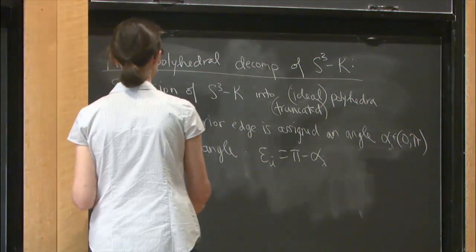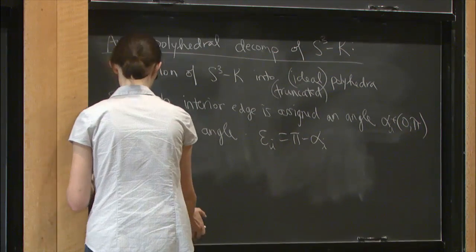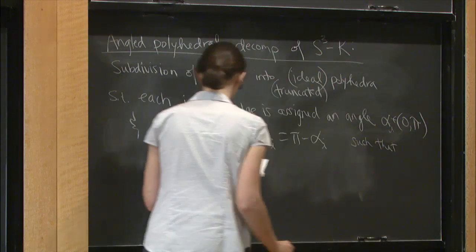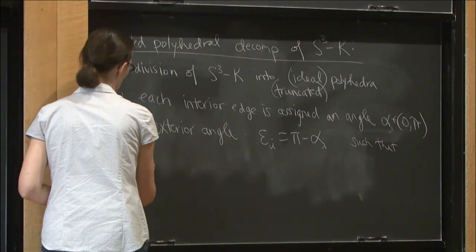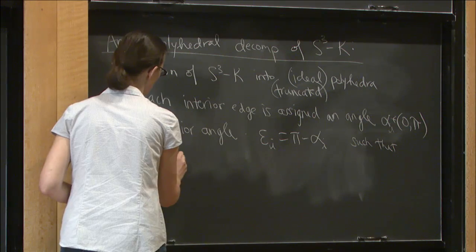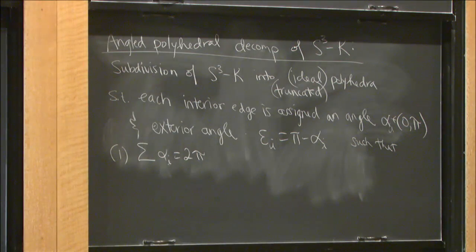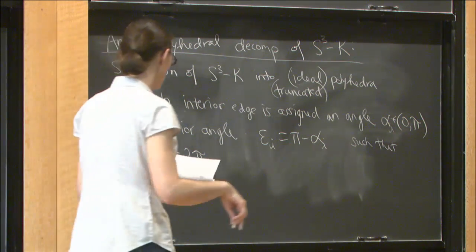Okay, and these must satisfy the following. One: if you sum up all of the angles around an edge, you get 2 pi.